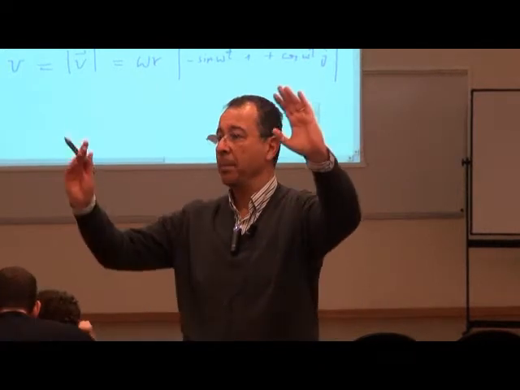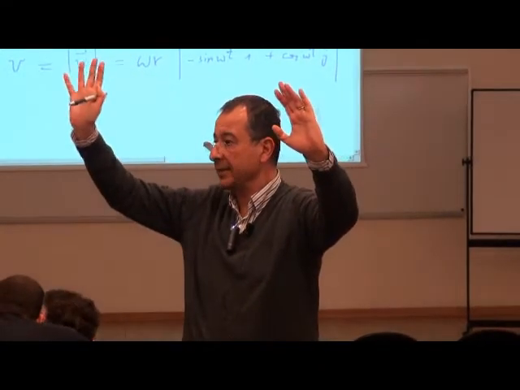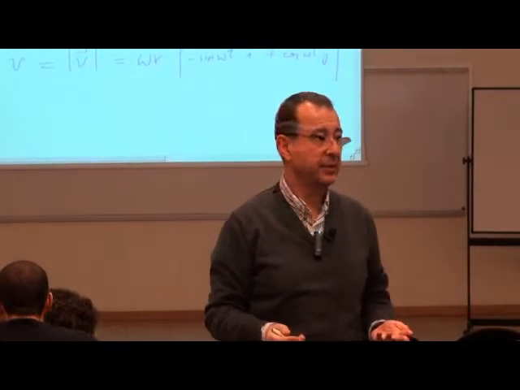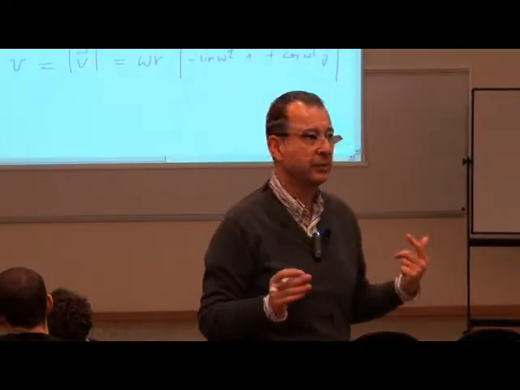So minus sine omega t squared plus cos omega t squared. That is the square of my length. So let me now do that.